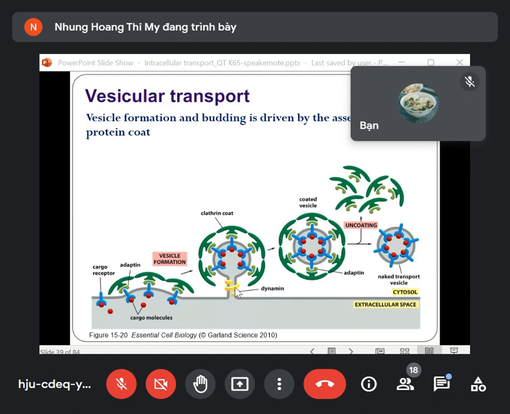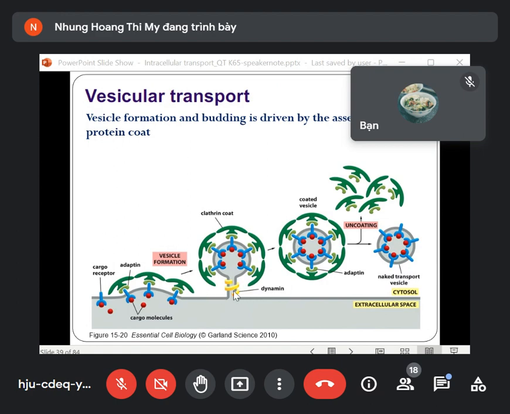And once assembled, the dynamin molecule will hydrolyze its bound GTP to produce energy and help other proteins recruited to the neck to make a complex. And this complex will cut the link between the bud and the plasma membrane and pinch off the vesicle from the plasma membrane.